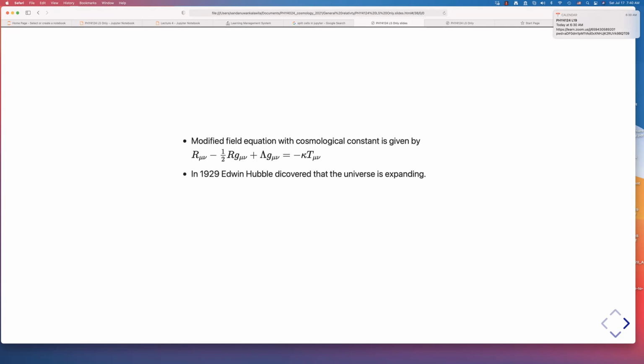But something different happened in 1929. After 14 years, he derived these equations. As you remember, I think we have talked about the expansion, Hubble's law, when we were talking about galaxies.